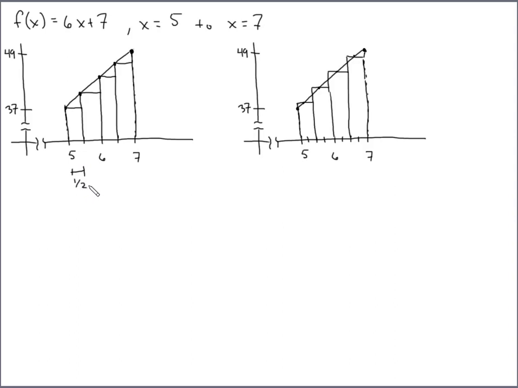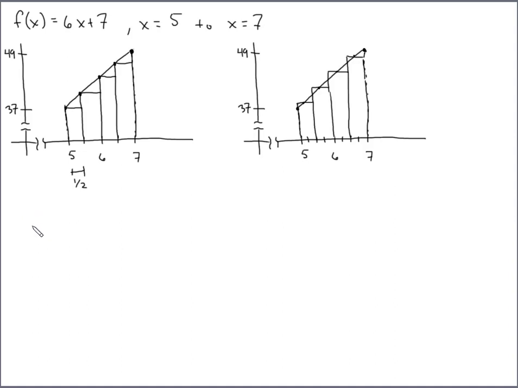Then at 5.5, we plug in our next left endpoint. That determines the height of the next rectangle, and so on until we get to the last. The fourth rectangle will be determined by the output at 6.5. So whatever that output is, that's how high that last rectangle is. We can figure that out. In fact, let's just go ahead and do that, and then we'll come back to this other drawing here.